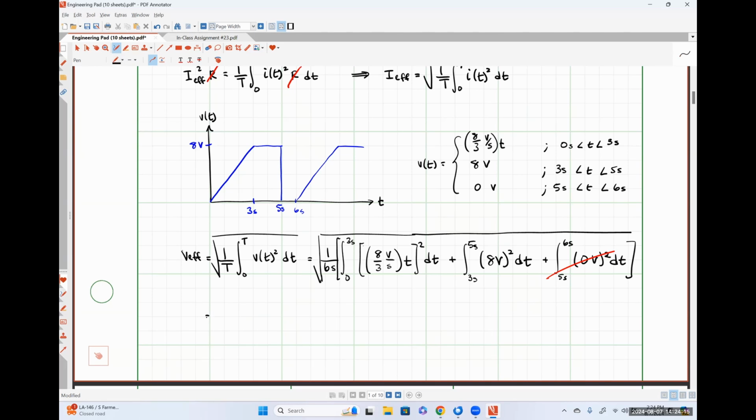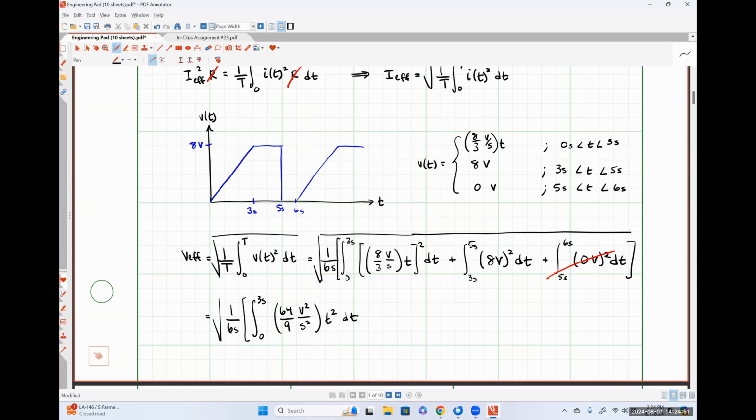So looking at the other stuff that we have, we've got square root of 1 over 6 seconds times the integral from 0 to 3 seconds. So 8/3 volts per second squared to me seems like 64 over 9 volts squared per second squared times t squared dt.